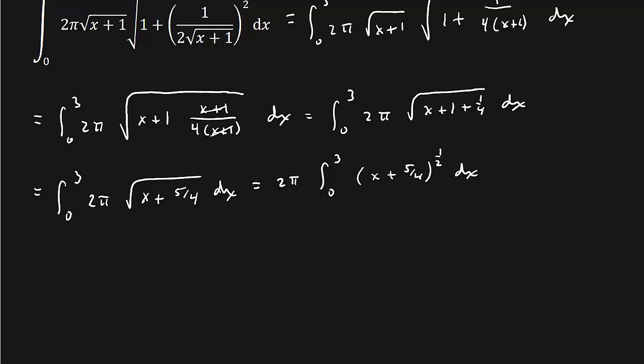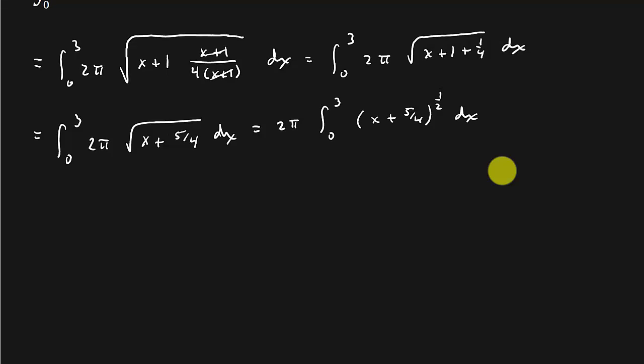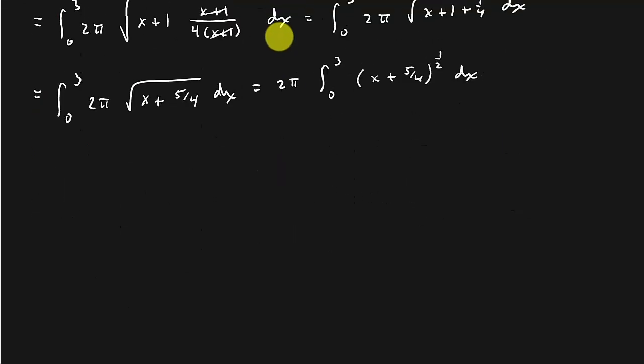And now it's just a little u-substitution. So I'm going to let u equal x plus 5/4, and so du is equal to dx. So the x plus 5/4 is going to be replaced with u, and the dx is going to be replaced with du.